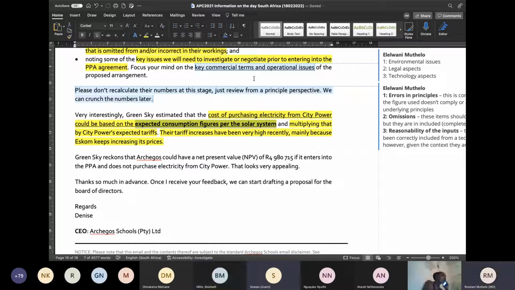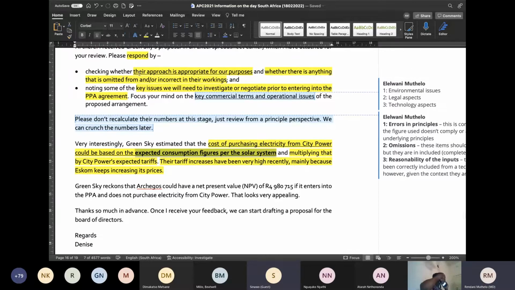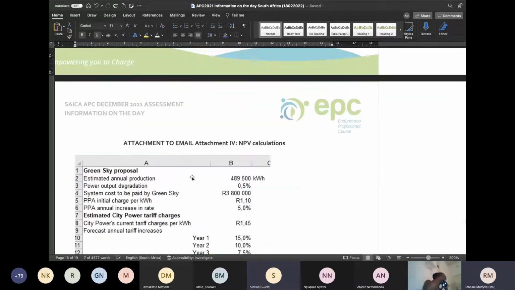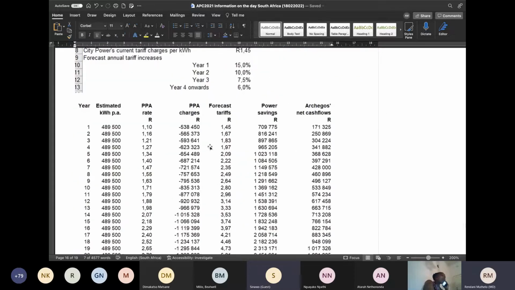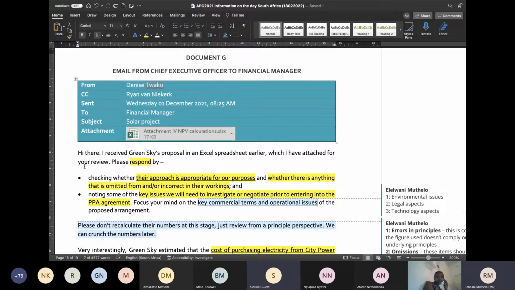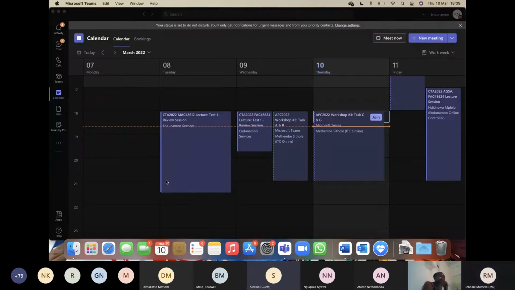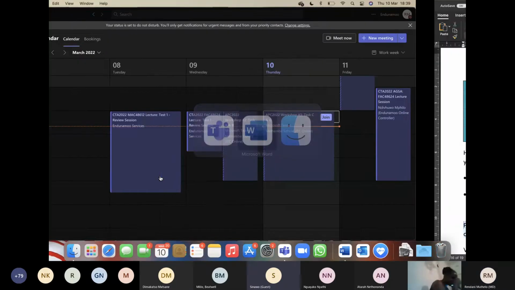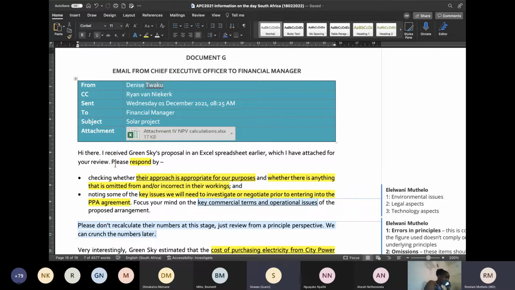Oh, okay. That's a fair question. So in this case, there are two parts to the task. Green Sky has sent us what is now an attachment to this email. The first part is saying check whether their approach is appropriate.